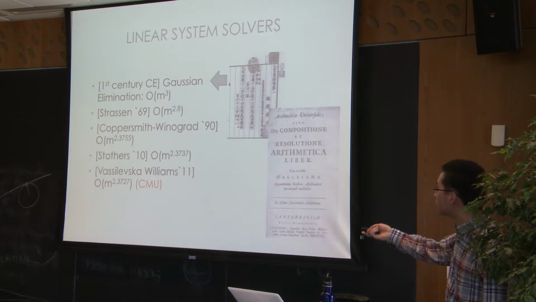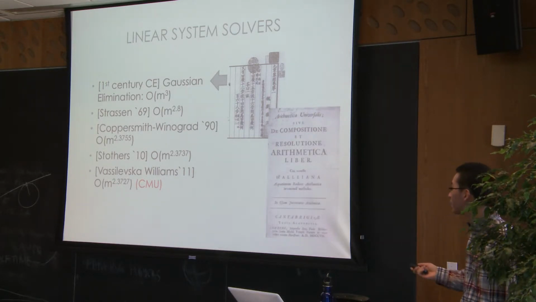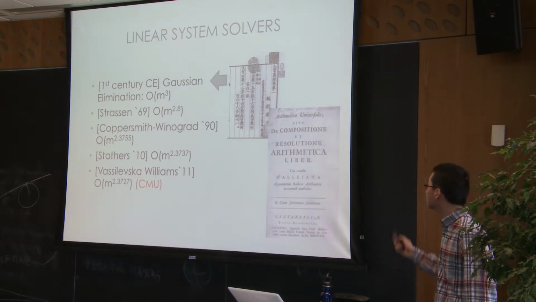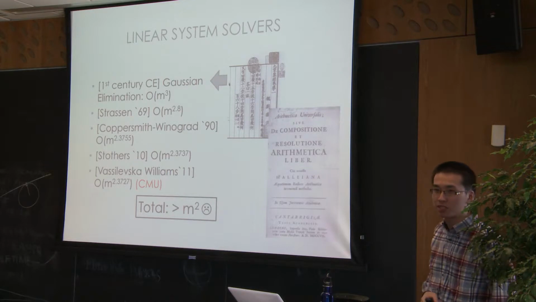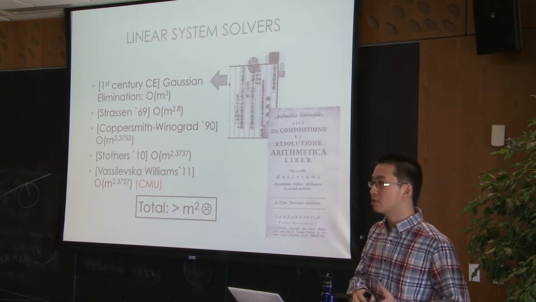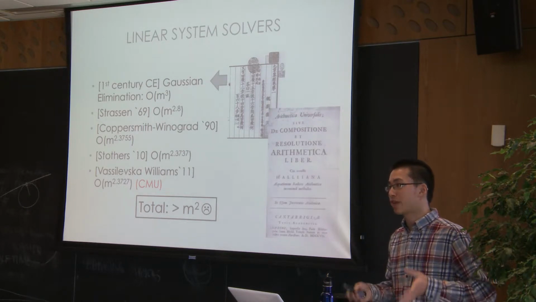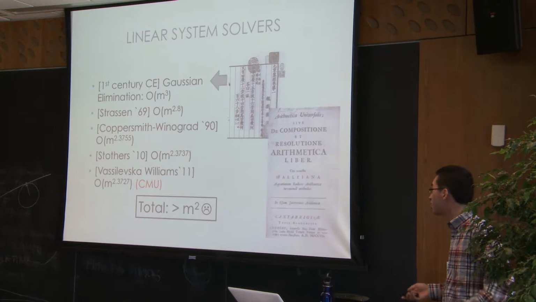So now we're at 2.3727, and this is actually due to a result by a CMU alumna, Virginia Williams. But unfortunately, if you look at these results, your total is still at least m squared. So if you think about this in the setting of m equals 10 to the 6, this is still a bit of a cost prohibitive algorithm, and we're still better off doing gradient descent.